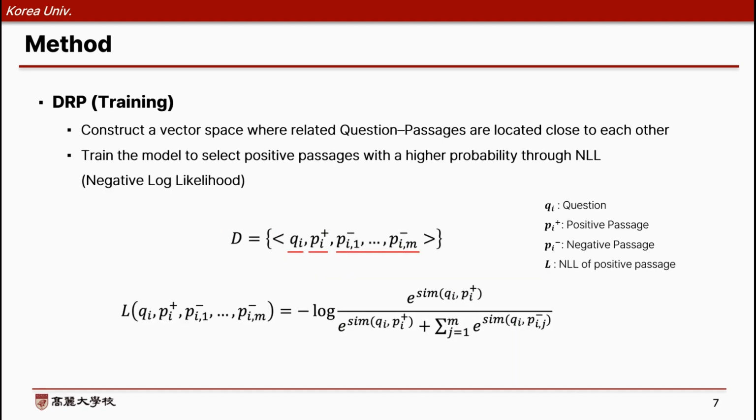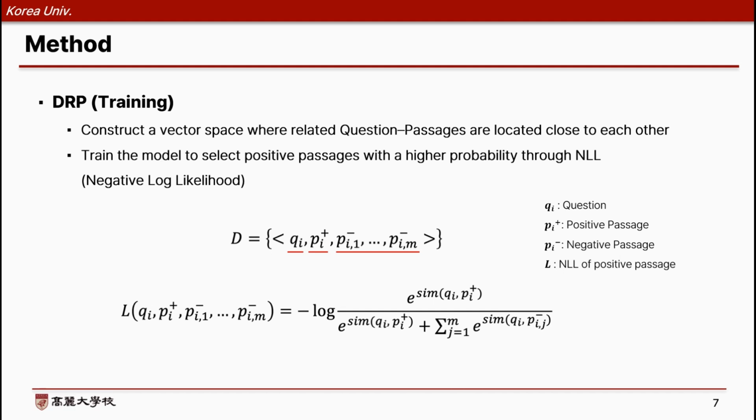Next, I will explain the training step. The purpose of training is to build a vector space where passages related to the question are located nearby. In the first equation, the data indicate that there are negative passages that are not related to the question, in addition to the passage related to a question.